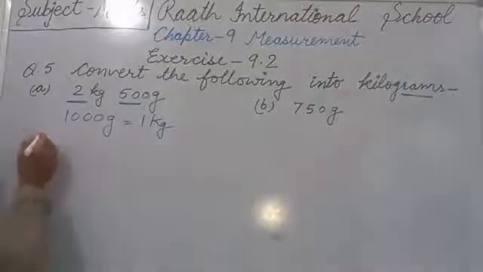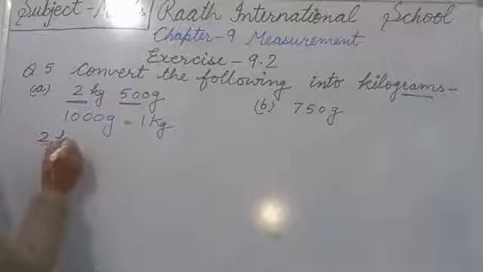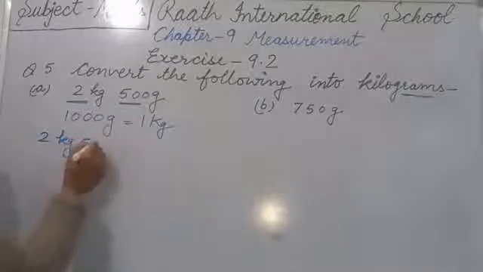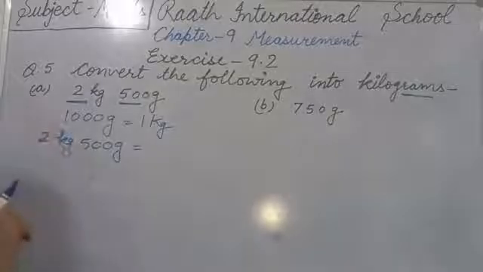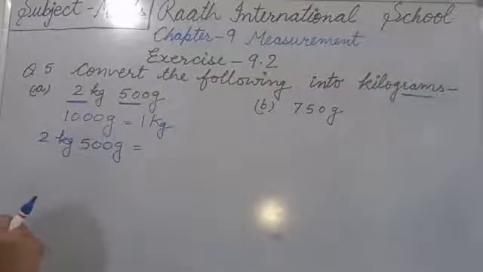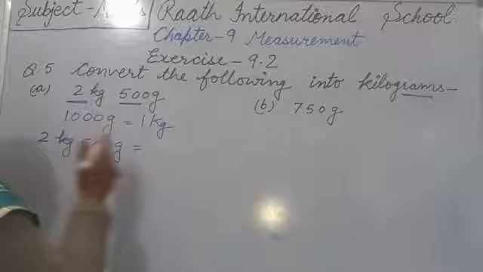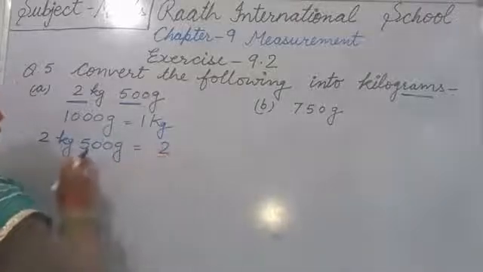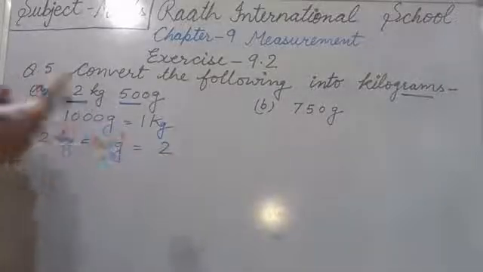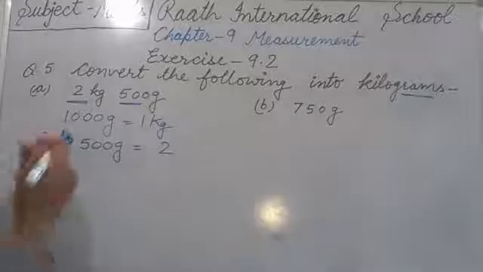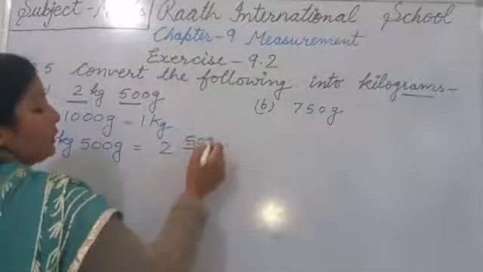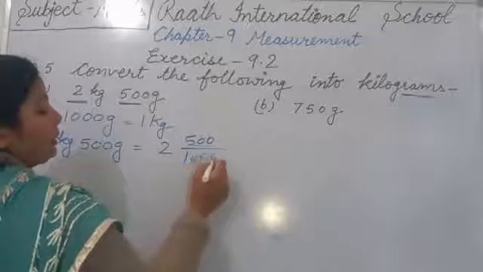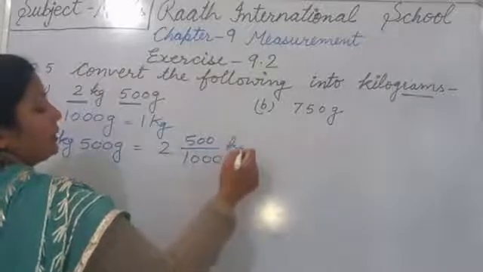Now we take our question. 2 kg 500 gram. Okay. 2 kg 500 gram. So 2 is already kg, so that will come in whole. Now 500 gram will go in the kg upside, so we will do divide. 500 upon 1000, divided by 1000. Now it's become kg.